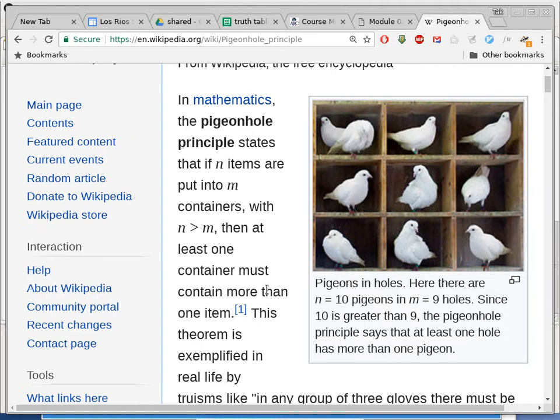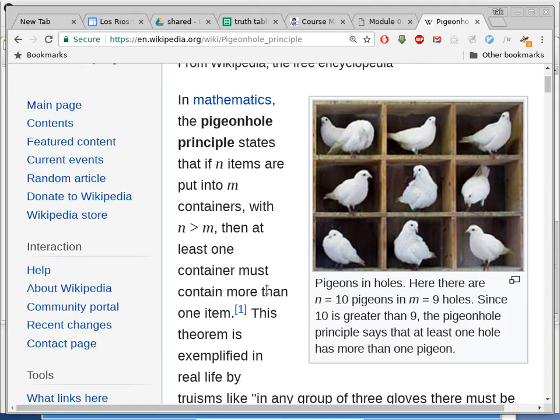So the way to prove this is to prove by contradiction. What do we mean by proof by contradiction? We keep the premise. The premise is there are n things that we have to put into m cubbies, and n is greater than m. We keep that premise, but we negate the theorem. The theorem says at least one cubby has more than one thing, right?